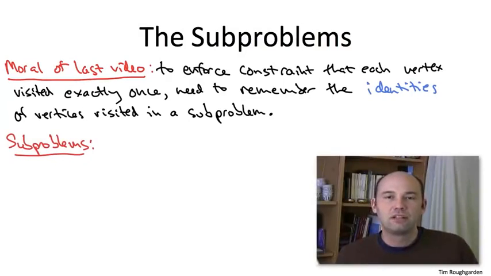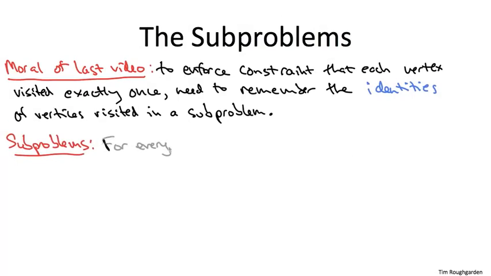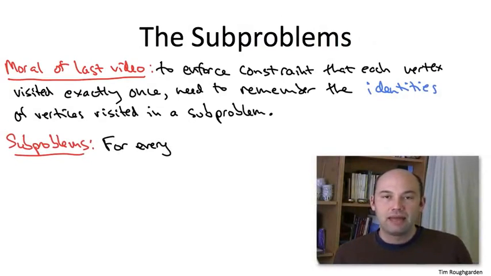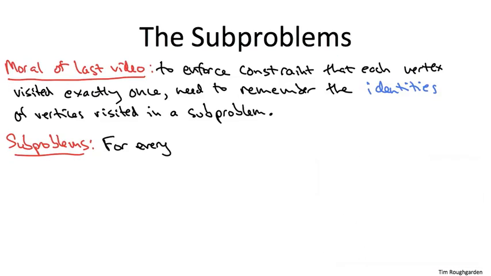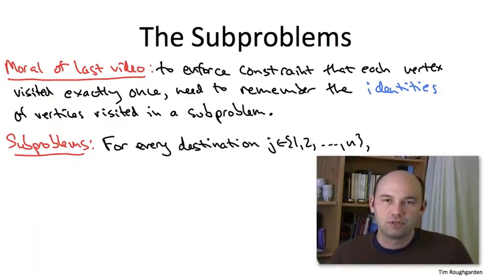Here then is the final definition of the subproblems that we're going to use. We still want to keep track of where this path ends, so we still have our destination J. But rather than just specifying a number of vertices that you visit on this path, we specify exactly which vertices get visited.